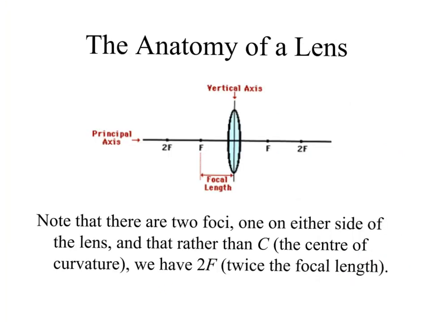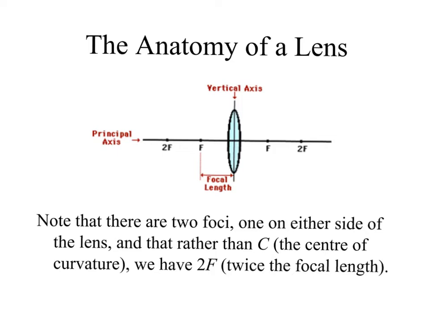So just like with mirrors, we also have some terminology that we need to be accustomed with. Our principal axis is here, same as always, and we have our focal length, but there are actually two foci or two focal lengths. We have one over here and one over here.